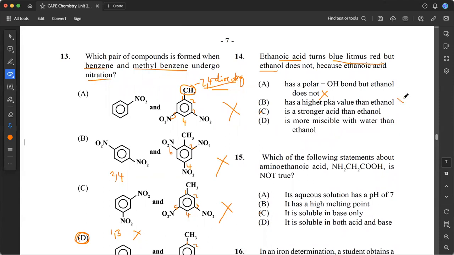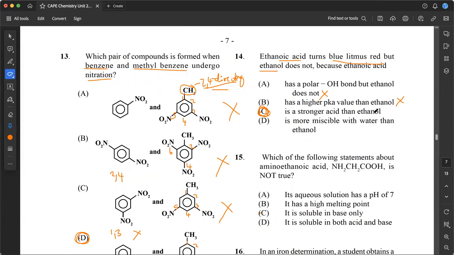So this is not even an accurate statement at all, right? But we do know it's a stronger acid than ethanol, and we know that acids are the things that turn blue litmus red. And so this is our reasoning behind why ethanoic acid turns blue litmus red, but ethanol does not. It's because ethanoic acid is a stronger acid than ethanol. So our answer for 14 then is C.